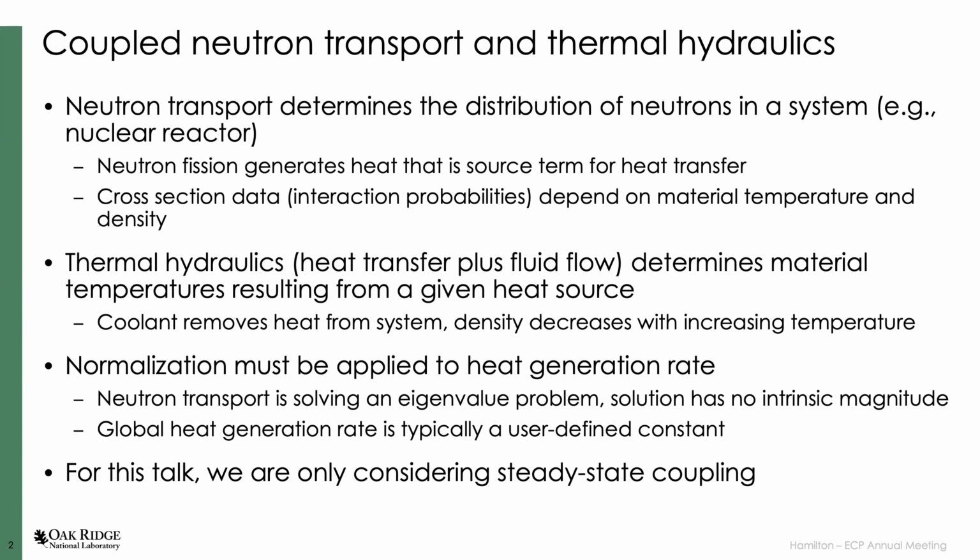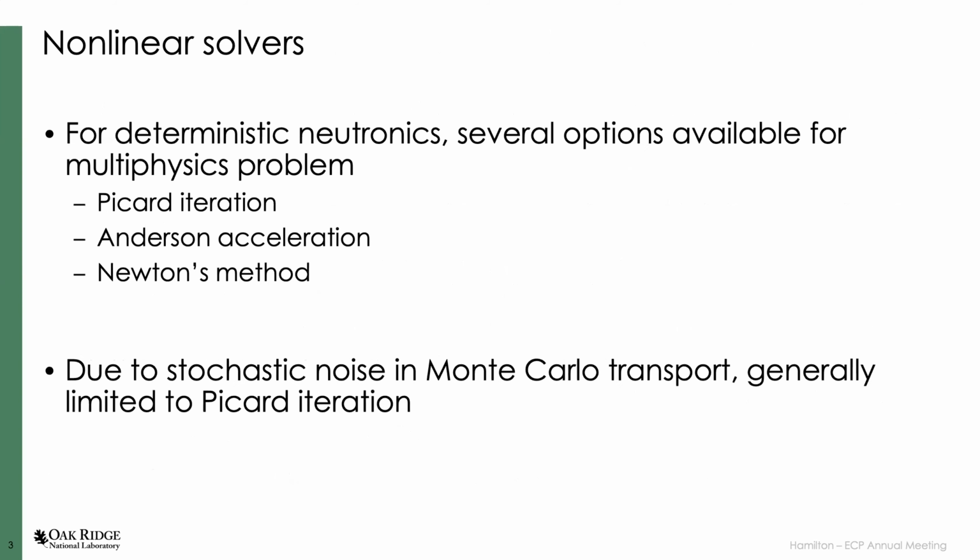So for now, we're only going to be talking about steady state coupling, but the basic ideas here would apply to transients and kinetics and things like that as well. If we were doing this problem in a deterministic sense, so if our neutron transport was a deterministic solver, we would have a variety of options available for solving these multi-physics systems.